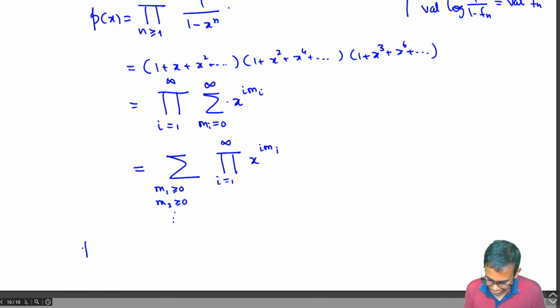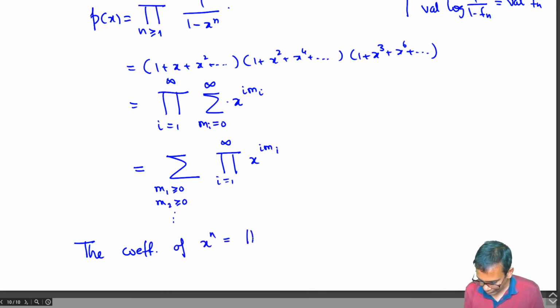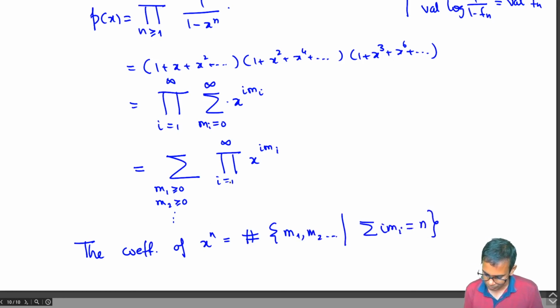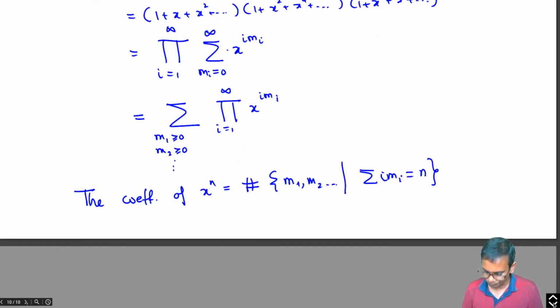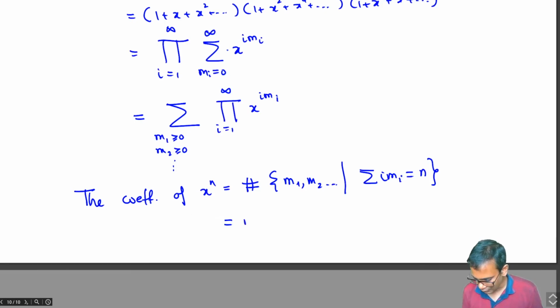So the coefficient of x to the power n is the number of indices m1, m2, and so on, such that summation i times mi is equal to n. That's the coefficient of x to the power n. That's how many times you'll see x to the power n over here. But this turns out to be the number of integer partitions of n.